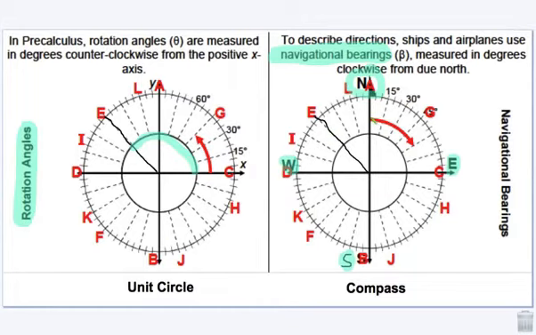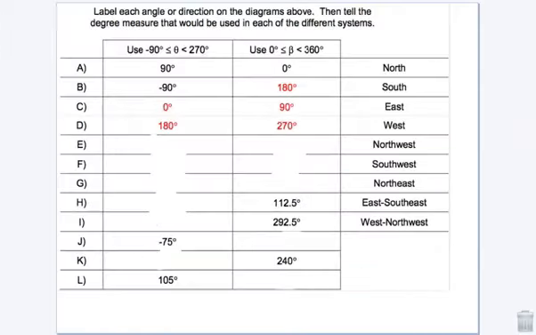On the compass, you're going all the way around this way. We know this is 45, so 360 minus 45 gives the angle on our bearing, and it ends up being 315 degrees on the bearings.